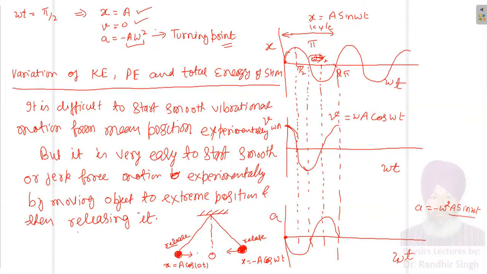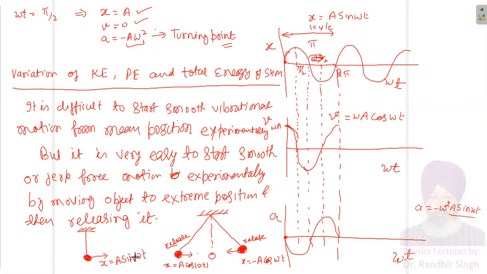Similarly, if you start a pendulum from mean position, let us say like this, and you start the motion by striking the hammer in such a way that it moves in this direction, then the equation will be x is equal to a sine omega t.